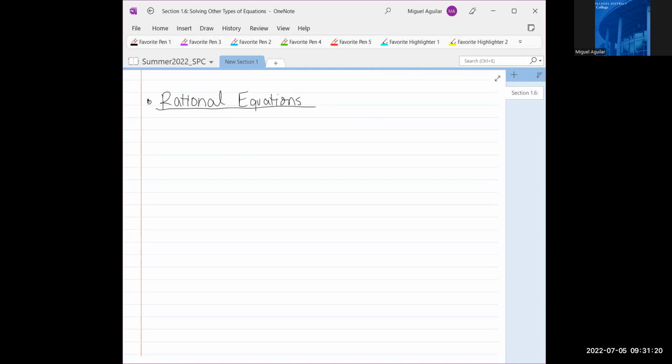Let us see. Let's find a good example. Something that's not too strange. I think we're just going to have to jump in. It's hard to describe the general form for a rational equation because they all look sort of similar, but they can have a lot of different terms.